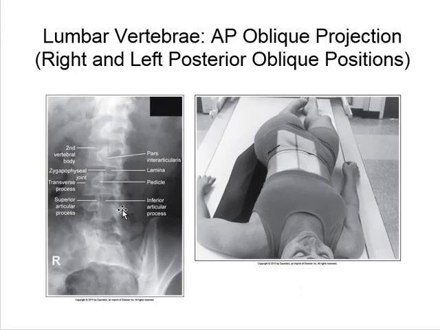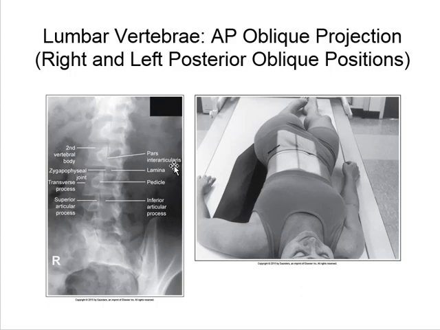So what we're looking for on the oblique is the zygapophyseal joint. Remember, on the oblique of the C-spine, what we're looking at is the intervertebral foramina. On the T-spine and L-spine both, we're looking at the zygapophyseal joints.